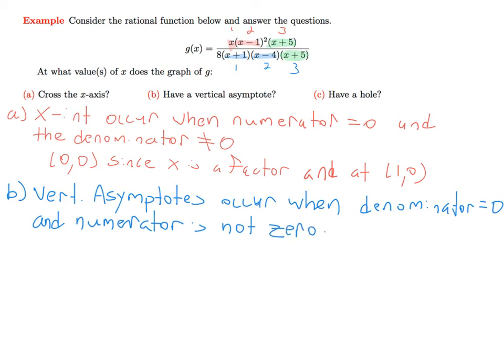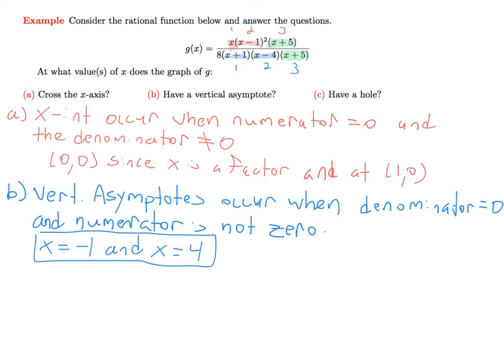So this occurs, we can see, at two values. We have one at x equals minus 1, and we have a second at x equals 4. And for the other factor that's highlighted in green, x plus 5, we don't have a vertical asymptote at x equals minus 5 because, again, this is a common factor with the numerator.